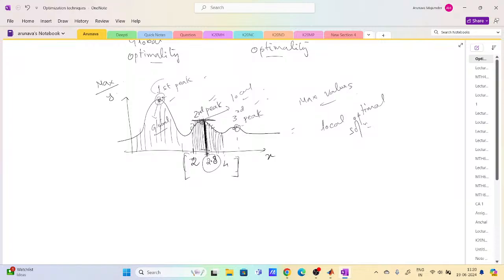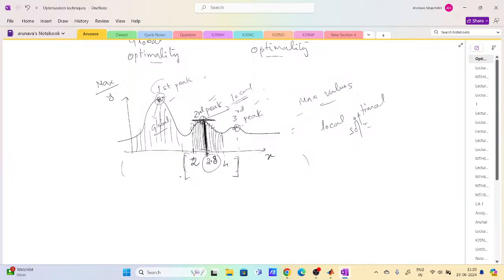In between 2 and 4 this is the highest peak, but it is stuck in the local optimum, not the global optimum. Sometimes in search algorithms like this, the optimizer may fall into the trap of finding only a local optimum, because you have given the range only between these. If you really want to find the global optimum, your search space should be bigger.